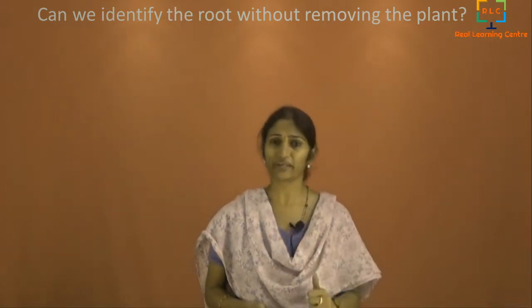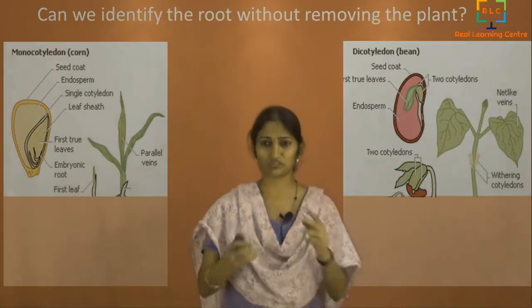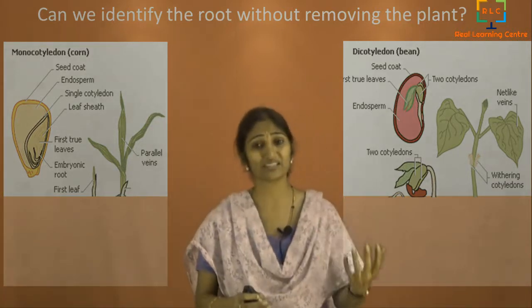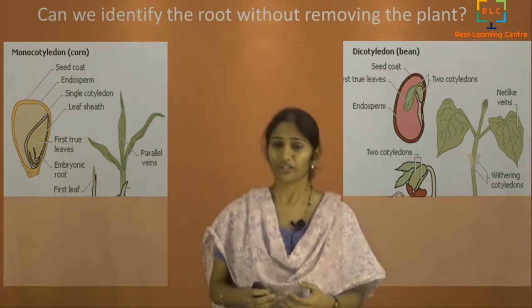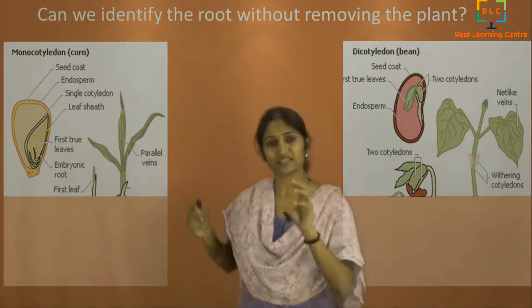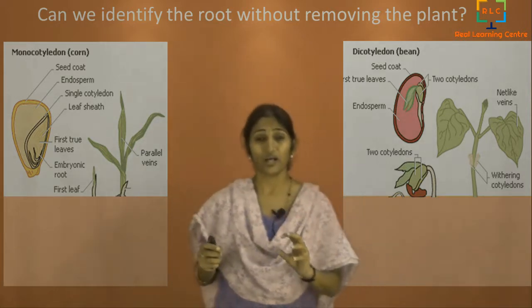Let us quickly recap some of the important points we learned when we were discussing the seed and the leaf. When we discussed the seed, we said that seeds can be of two types: monocot and dicot.